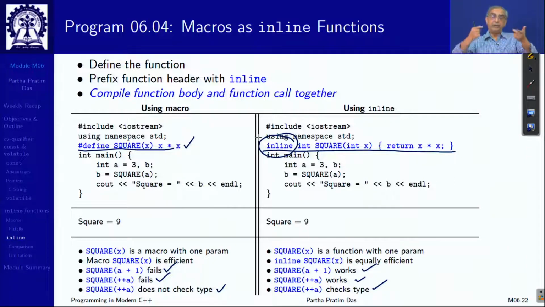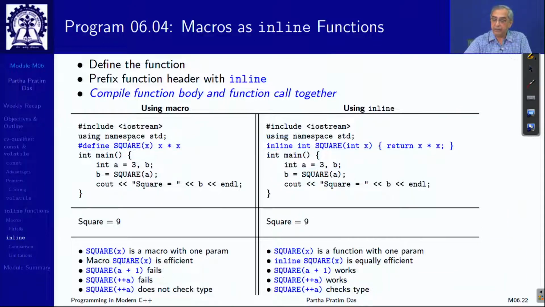The compiler does a trick so that the function is embedded right here, but with all the type checks and with all function protocols like evaluate your actual parameter and then pass it to formal parameter, not just do a textual replacement and so on. So, the semantics of function remains, but the efficiency of macro is obtained. It is a win-win situation. So, that is the basic idea of the inline function.